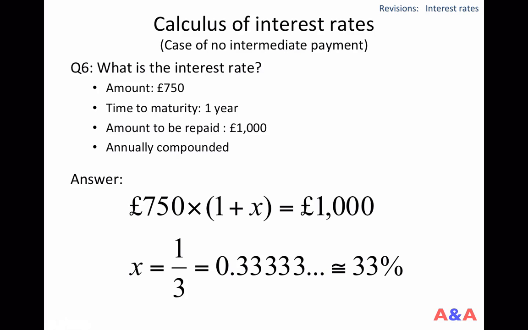So I want you to understand that if you can borrow less for the same obligation, let's say £1,000 in 1 year, it means that you face much higher interest rate. Okay, this is a very important point.